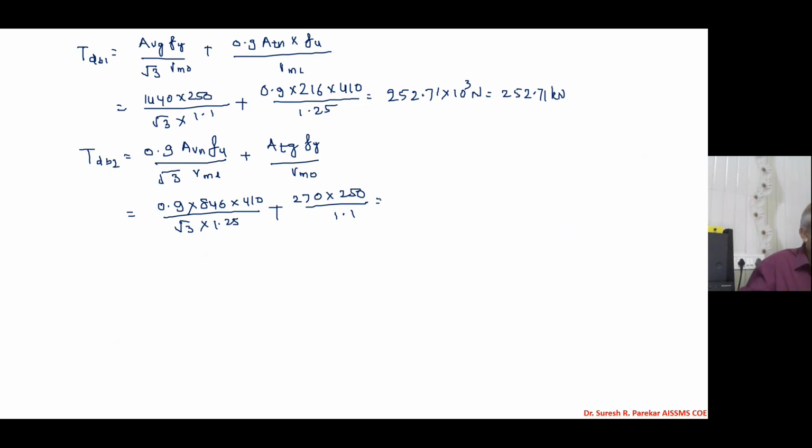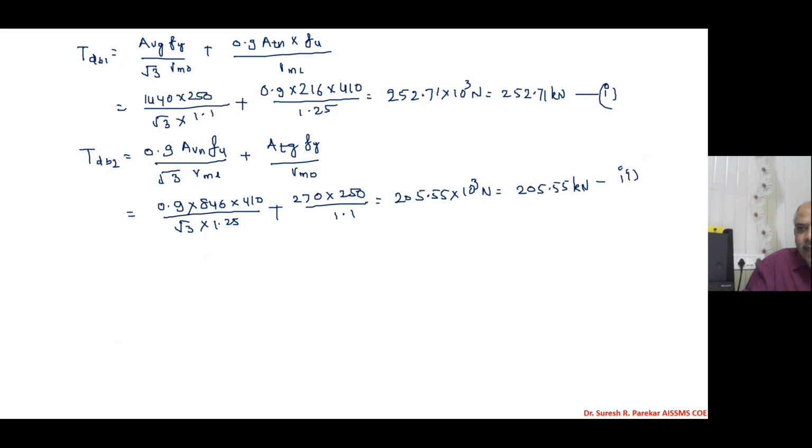It comes 205.55 into 10 raised to 3 Newton, which is equal to 205.55 kilonewton. So this will be 1, this will be 2.